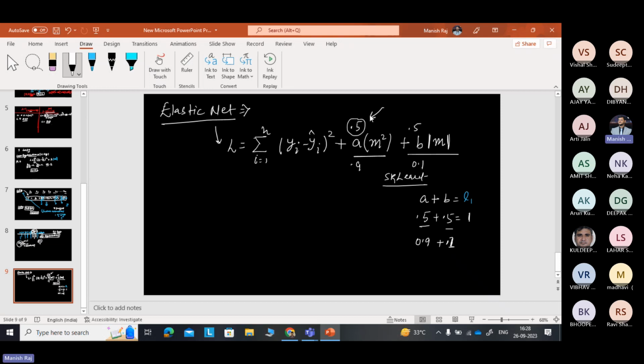Ridge regression is playing the vital role here, because the value is 0.9, and lasso regression is playing a lesser role than ridge regression. So you can choose these values because these are hyperparameters. Is this okay? So this is some L1 ratio, a by b, and with the help of this you can find it.